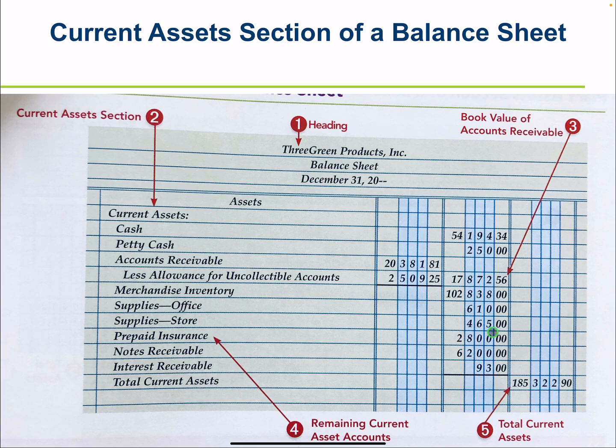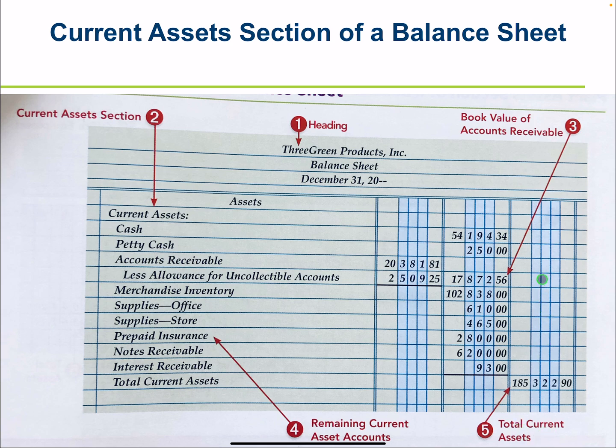Most of the balances will be right there right away, but you'll notice that we have one that we have to adjust a little bit because we have our accounts receivable less our allowance for uncollectible accounts. So what we have to do is figure out the difference for our accounts receivable. The rest of the balances come directly from our trial balance. When we're all done, we will draw a single line under it and add it up so we come up with our total current assets.